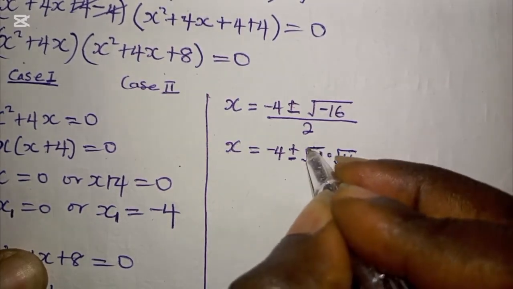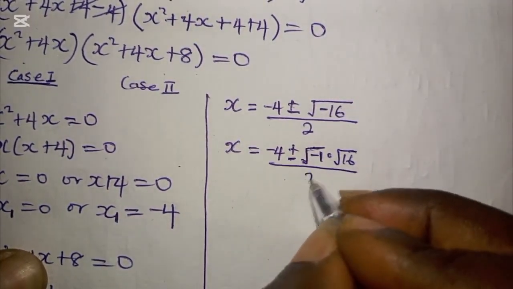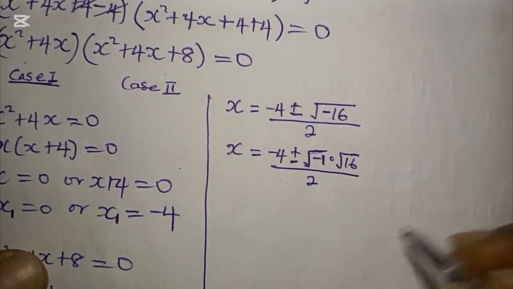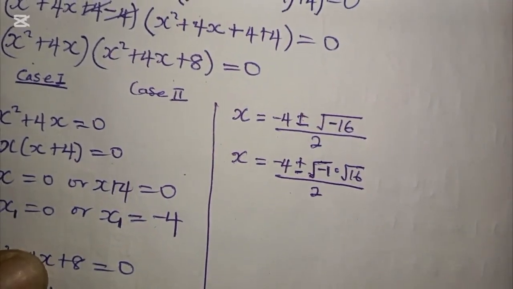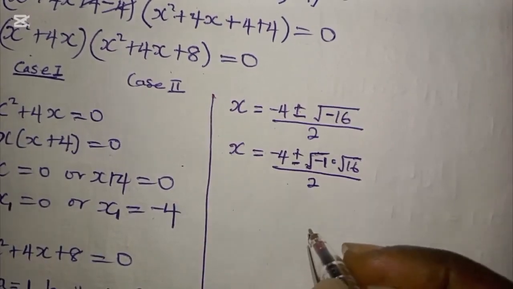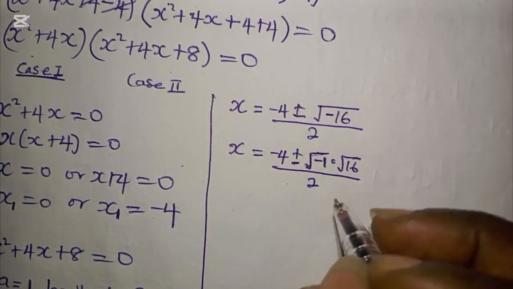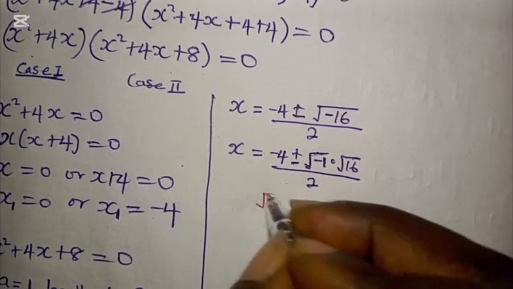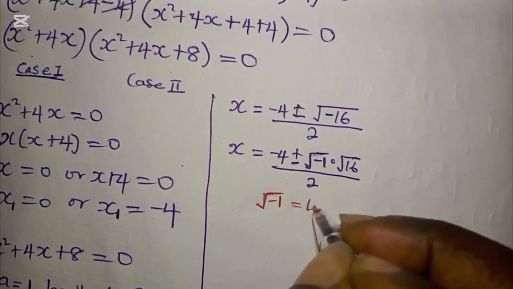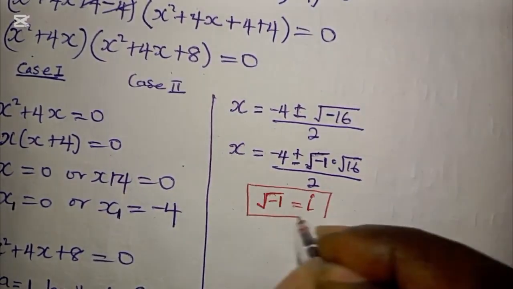So the square root of minus 1 times the square root of 16 will still give us the square root of minus 16, divided by 2. Then recall that under complex numbers, the square root of minus 1 is i. So let's have that in mind.